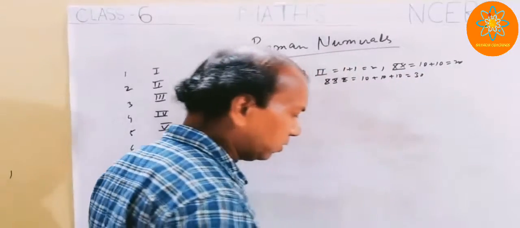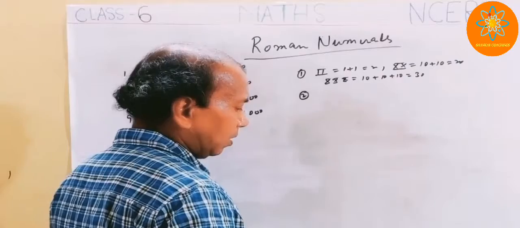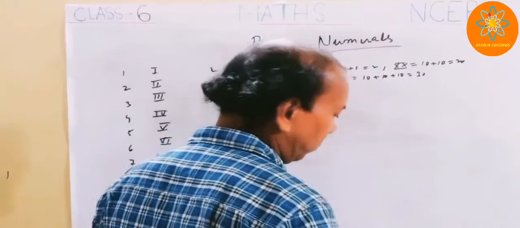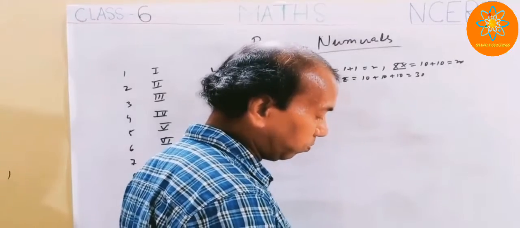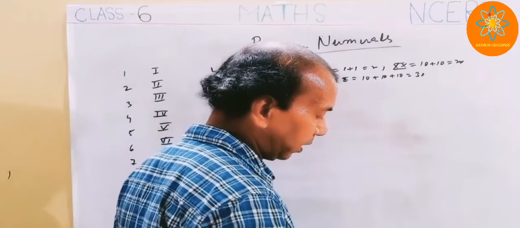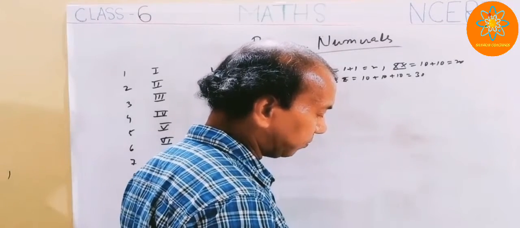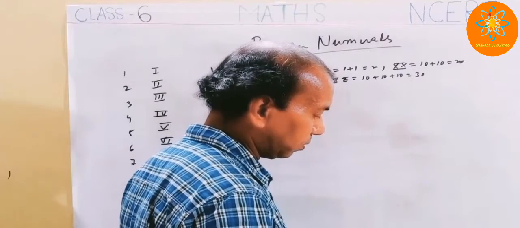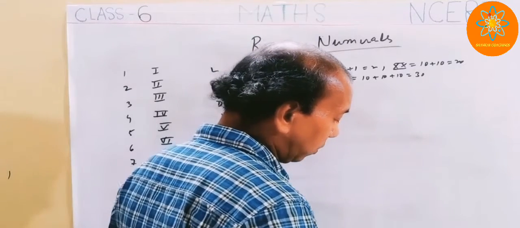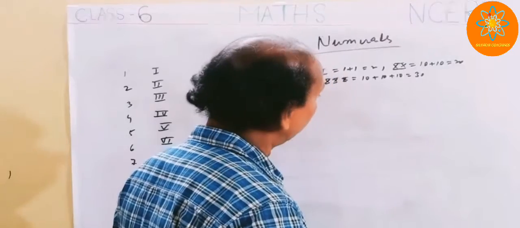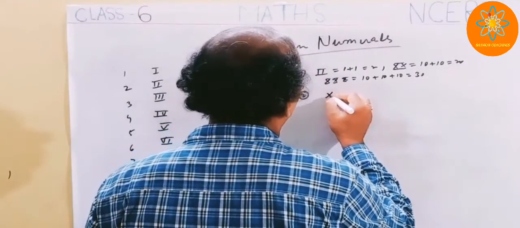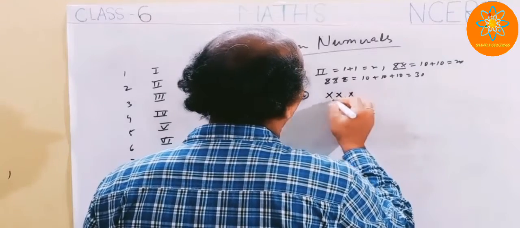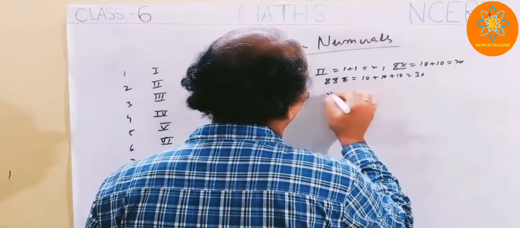The second rule is that a symbol is not repeated more than 3 times. It should be not more than 3 times. For example, if I write it like this, it is not possible.